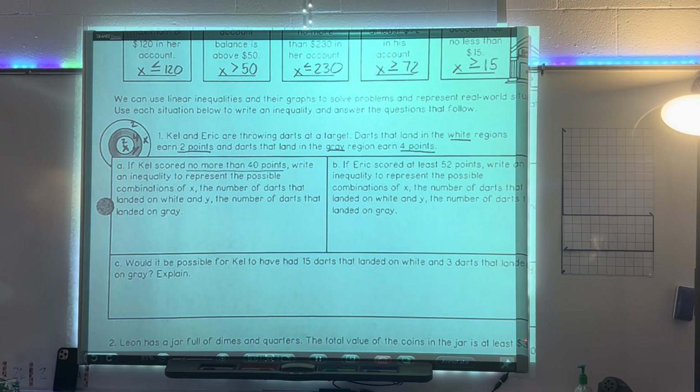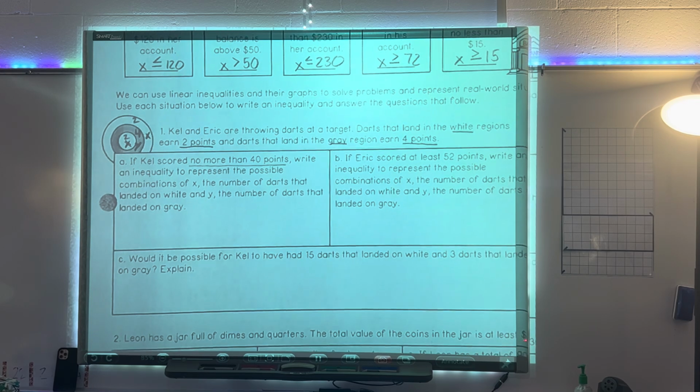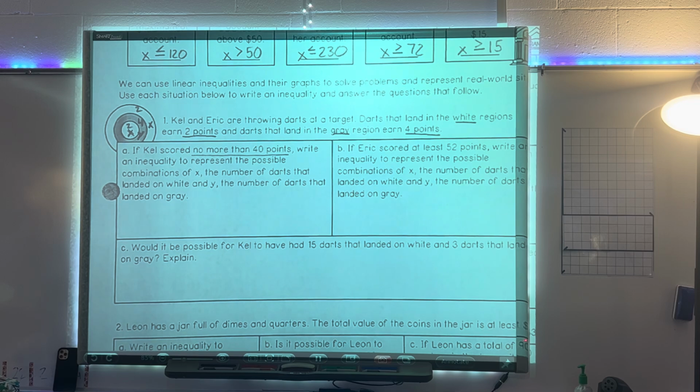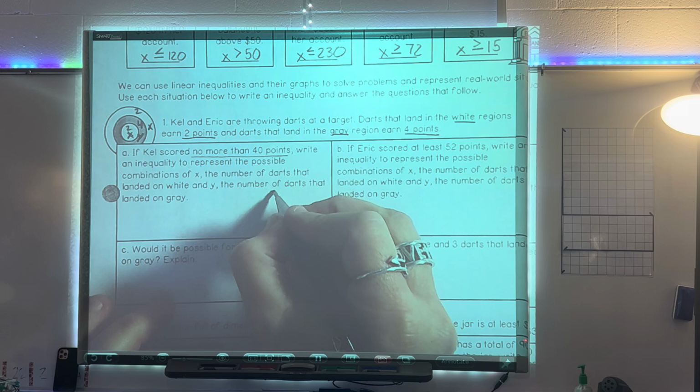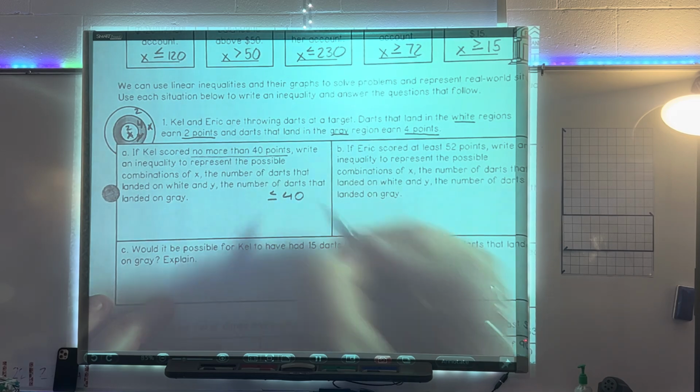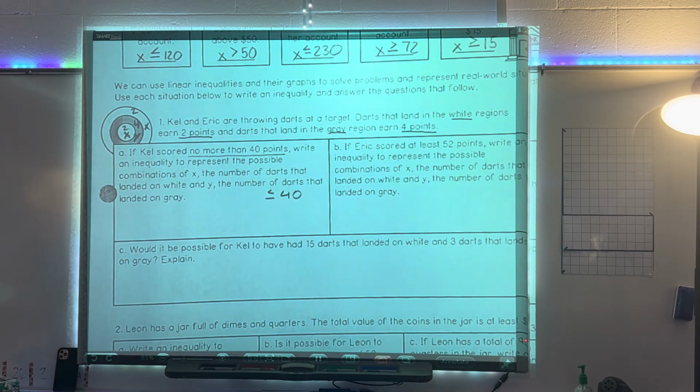All right. So if Kel scored no more than 40 points, what is that going to look like? Greater than or equal to, or less than or equal to? Less than or equal to, so something is less than or equal to 40, right? So what is less than or equal to 40? What information do I know about them? Because he's playing darts, what do I know when I throw at the dartboard?